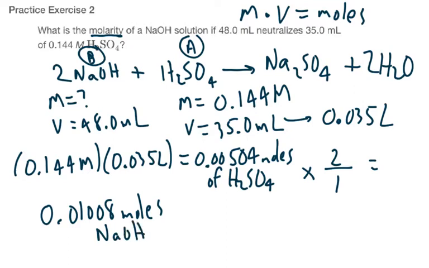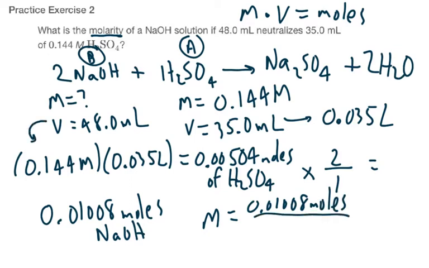Now, the last step is they want the molarity. Well, we've got everything we need. Molarity is going to be the moles, which we just got, divided by the volume in liters. So we've got to change 48 milliliters into liters. That'll be 0.0480 liters.